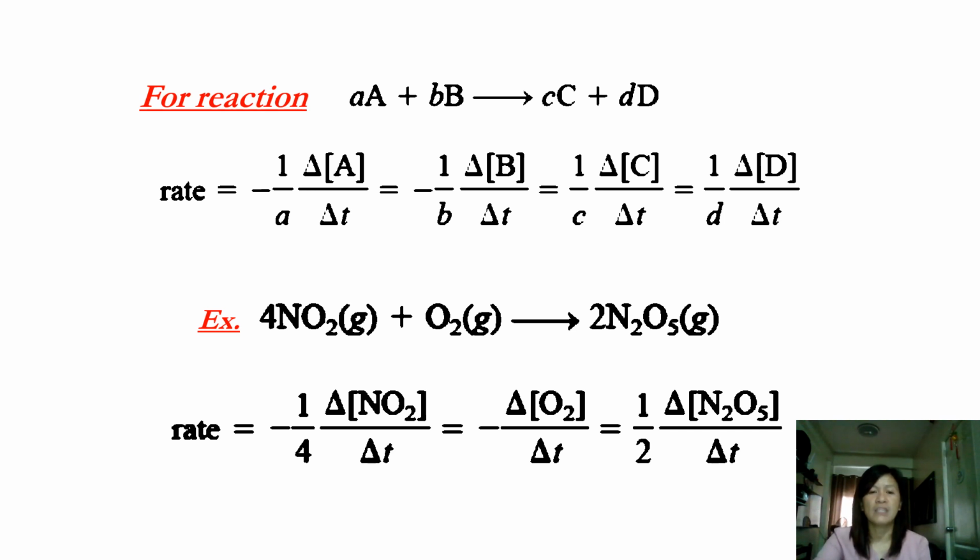We multiply negative 1/4 by the change in concentration of nitrogen dioxide over change in time equals negative 1 over 1, or simply none, change in concentration of oxygen over change in time equals positive 1 over 2. 2 is the stoichiometric coefficient of the product, N2O5, or dinitrogen pentaoxide gas, times the change in concentration of the product over change in time.